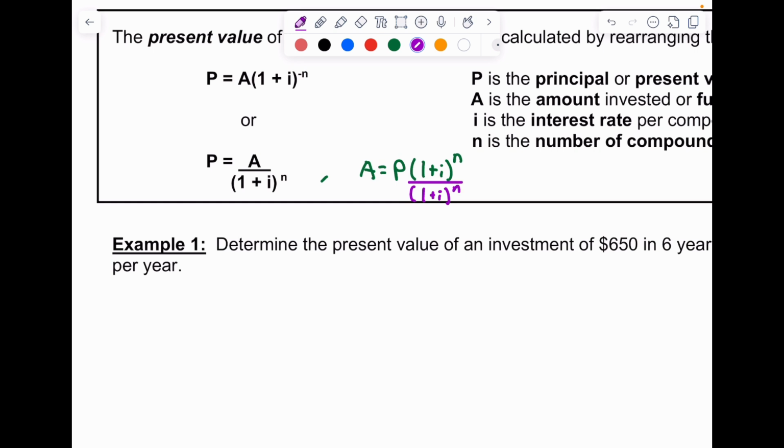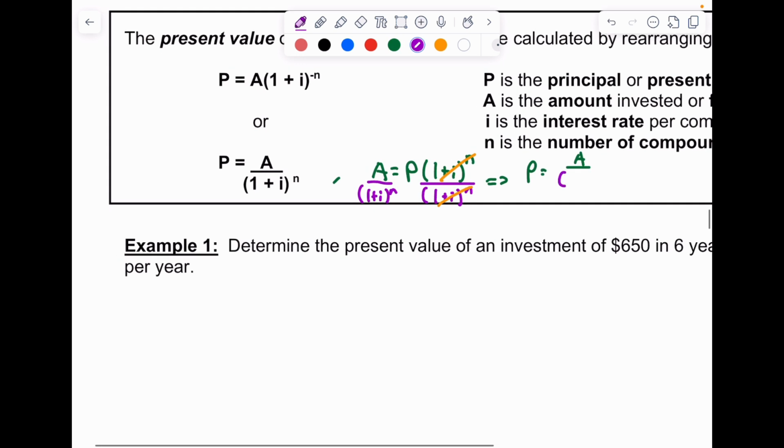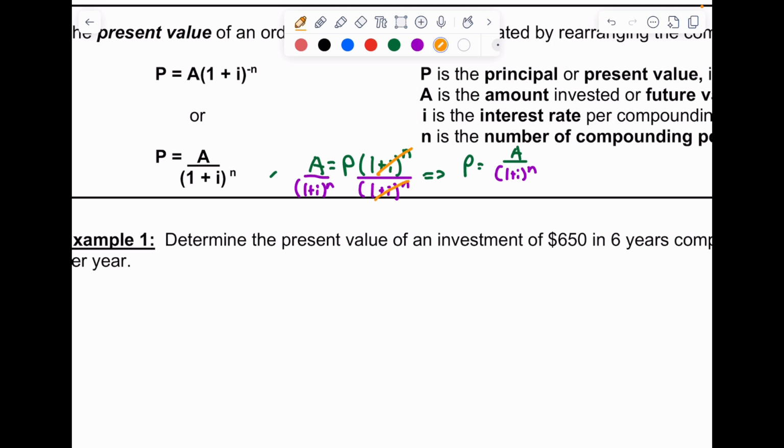So if I divide both sides by 1 plus i to the n, notice how this will cancel with this, right? So you'd be left with your formula, P is equal to A over 1 plus i to the n. And that's what I'm giving you right here.